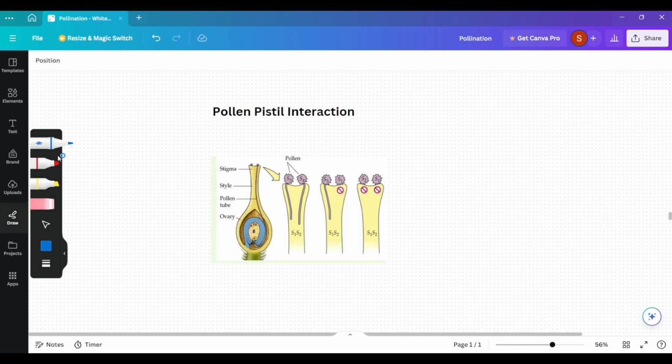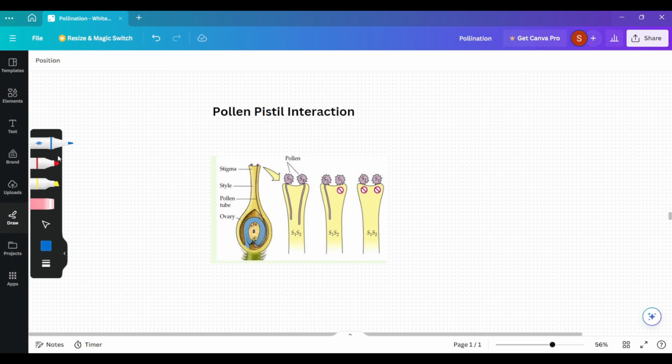Once the pollination is completed, it is not guaranteed that the fertilization or the germination of the pollen tube will happen. We have earlier discussed self-sterility or self-incompatibility, where only the correct type of pollen grains can germinate on the stigma. The wrong type cannot germinate on the stigma, though it lands on a stigma.